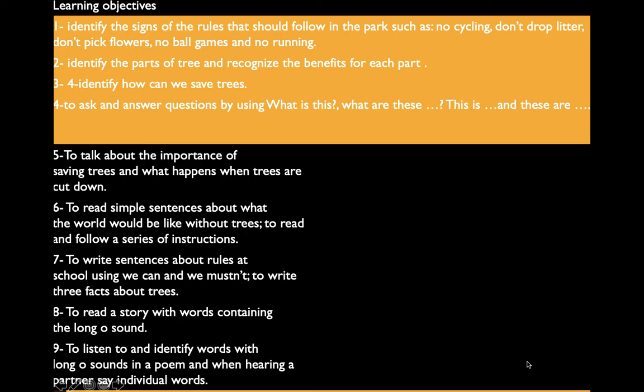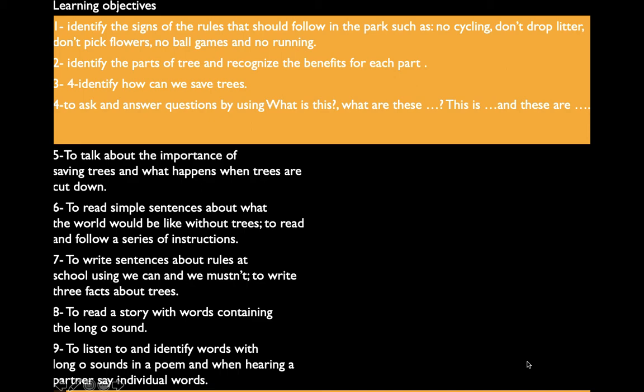Number two, identify the parts of a tree and recognize the benefits of each part. Number three, identify how we can save trees. Number four, ask and answer questions by using what is this, what are these, this is, and these are. Number five, talk about the importance of saving trees and what happens when trees are cut down.